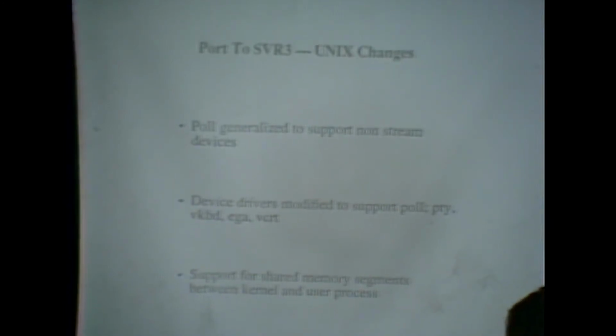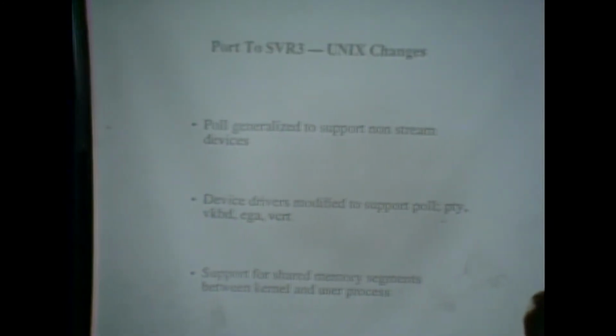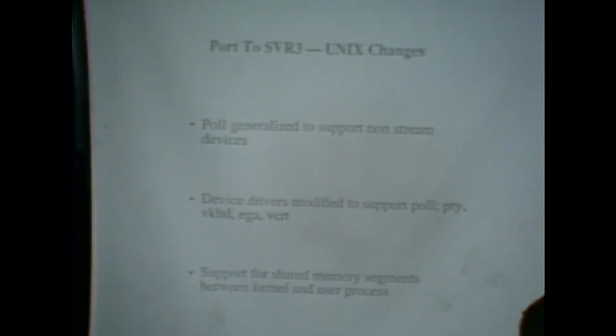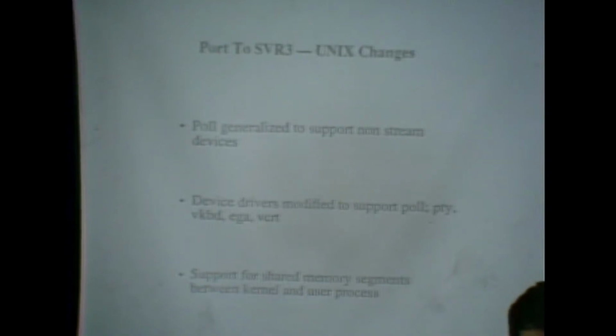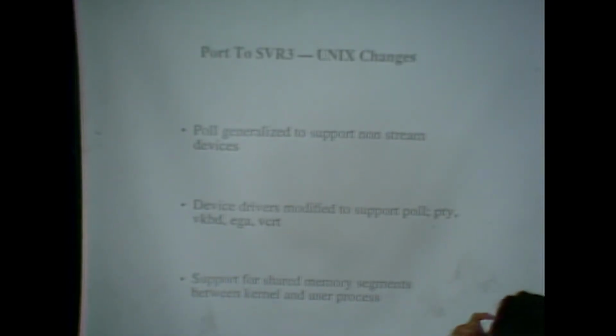But it did not support polling on devices. We chose to extend the polling support to include devices. Essentially, you could choose to write a device driver with very few changes to make it be pollable.